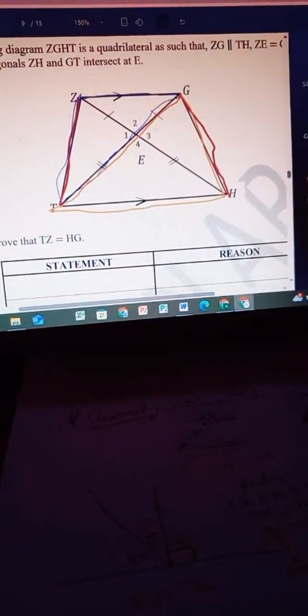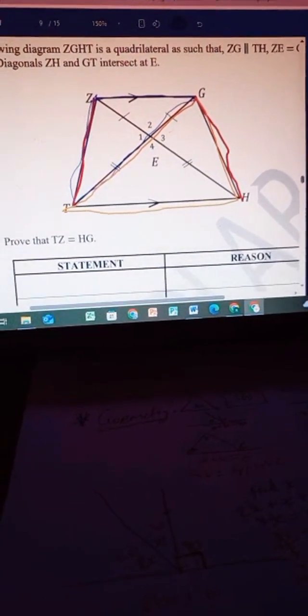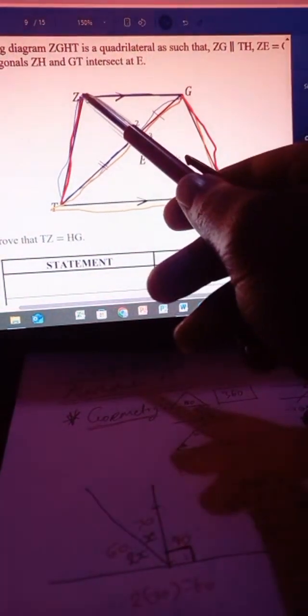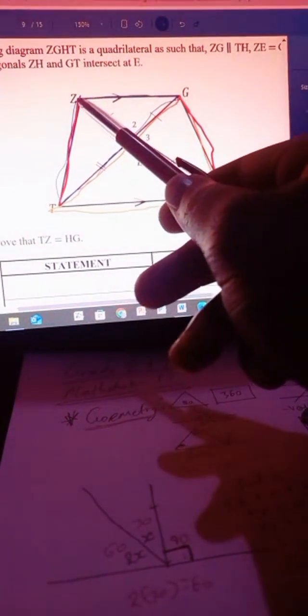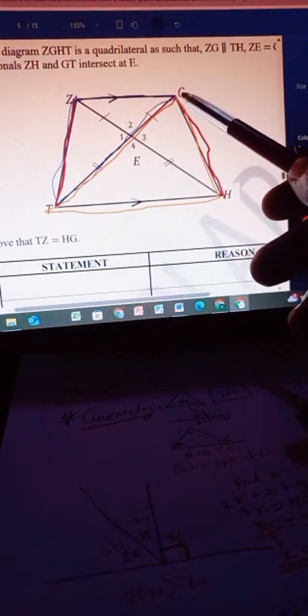The moment those two triangles are equal, that means those two sides are also equal. So if we want to prove, the first thing we must show is that ZH must be equal to TG.